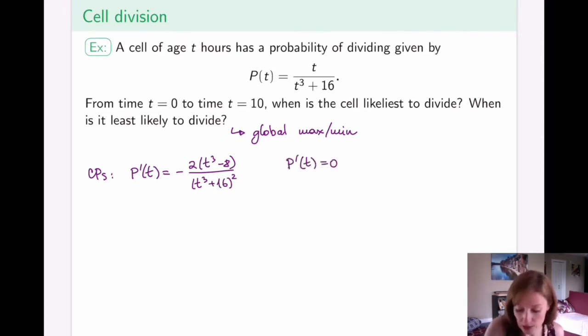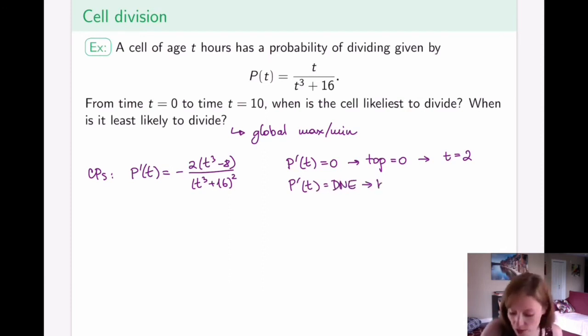It's one nice compact fraction, which means that it's 0 when the top is 0, which in this case turns out to be t equals 2. And I'm looking for when the derivative does not exist. Because it's one fraction, this happens when the bottom is 0, and in this case, that is when t is equal to the cube root of minus 16.